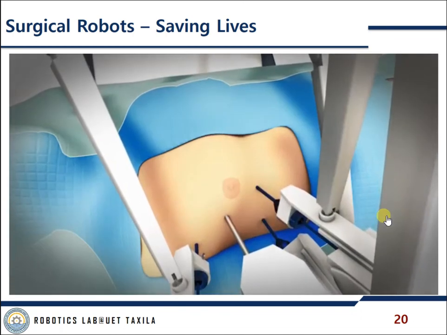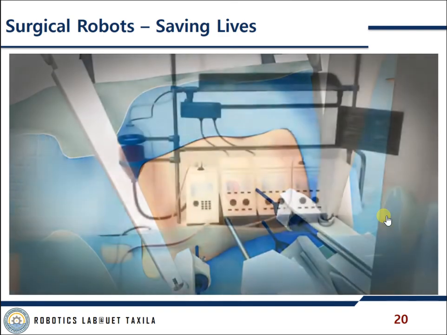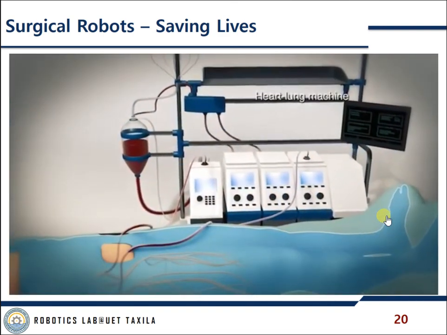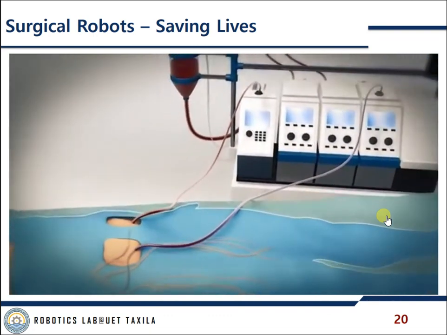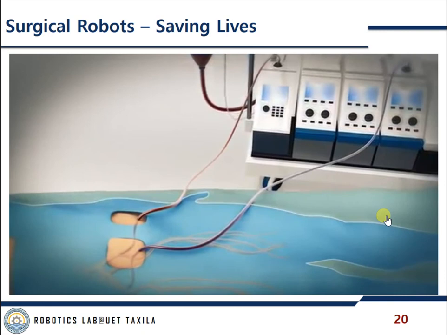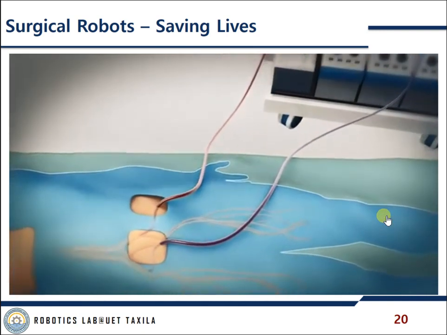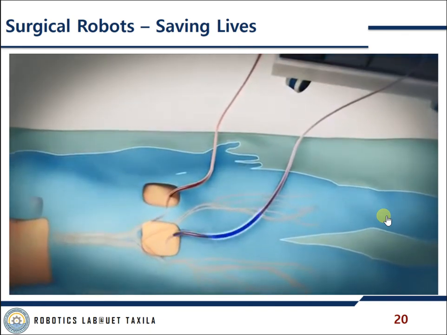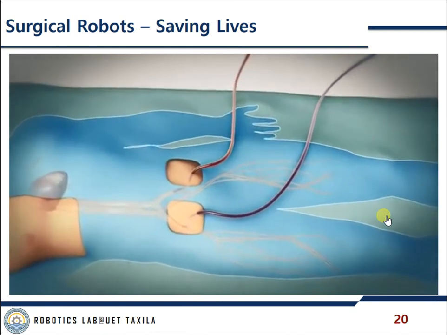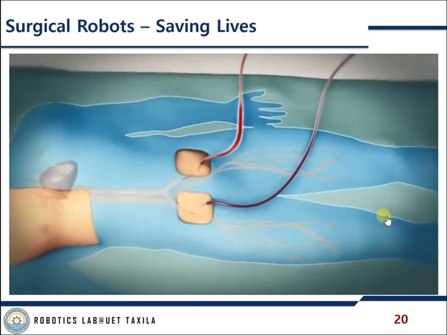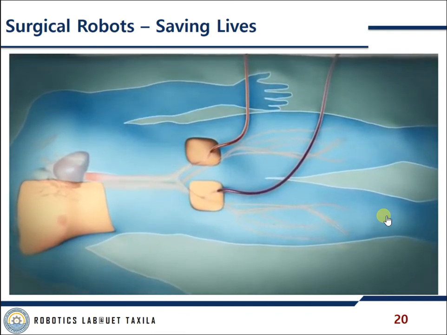In order to perform your operation safely, the surgical team will stop your heart and place you on a heart-lung machine. This machine takes over the functions of these organs during your operation. A tube, called a cannula, will be inserted into your right groin, draining blood from your heart into the heart-lung machine. The machine will oxygenate your blood and pump it back into your body through another cannula inserted through a small incision in your left groin.